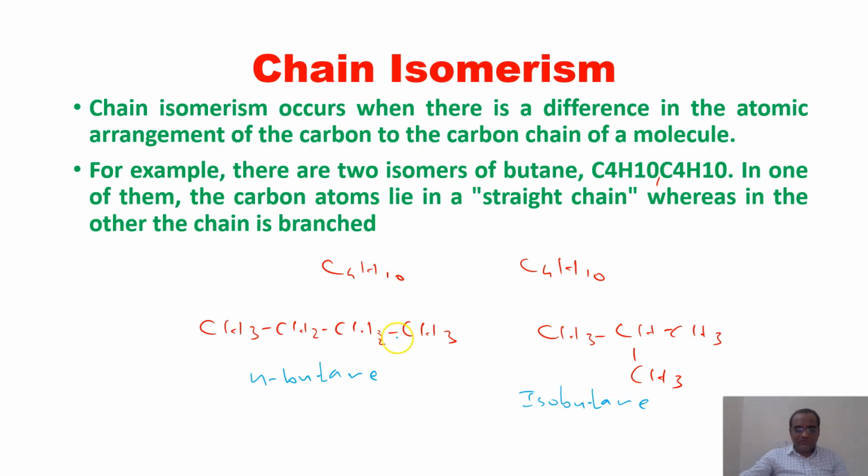So chain isomerism refers to when there is only a chain difference of carbon, only carbon I am talking about, it is only limited to carbon. When there is another atom, that thing will be different. So n-butane and isobutane are the 2 structures which belong to the class of chain isomerism. One is straight chain and the second one is branched.